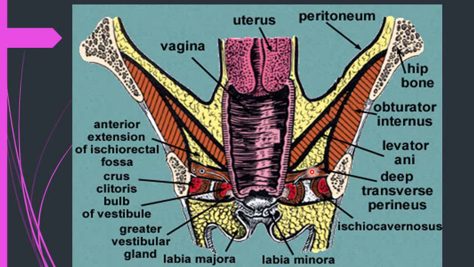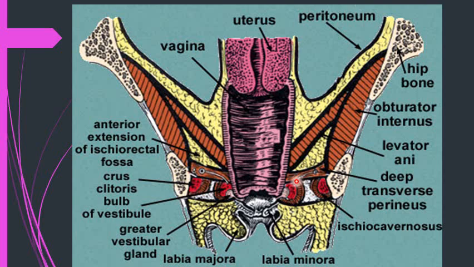So first of all, from the more superficial aspect, you encounter the Colles fascia, that is making the more inferior boundary in the superficial perineal pouch.